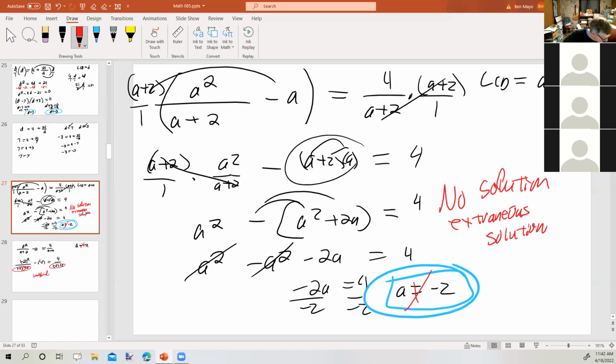An extraneous solution is a solution that you arrive at, but when you check it, it doesn't work. Not because you made a mistake, but because you actually broke a rule, and we'll talk about that. So we would say negative 2 is an extraneous solution, and therefore there is no solution. Okay, what's legal?